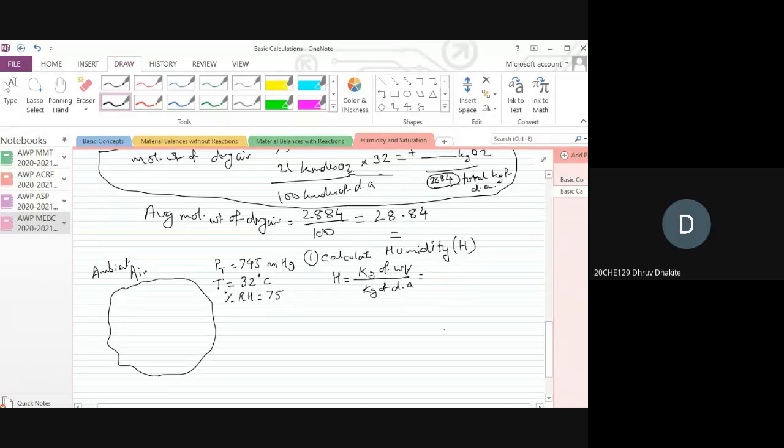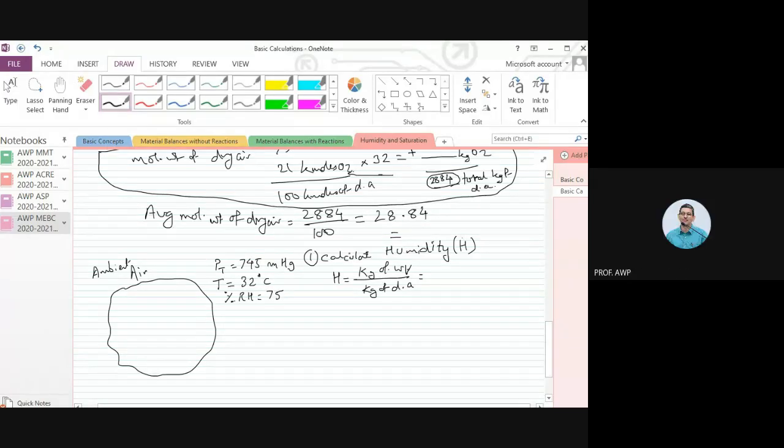Sir, 0.0224. So 0.0226, that is 0.023. We'll wait for Bhakti. Yes, sir, 0.0226.